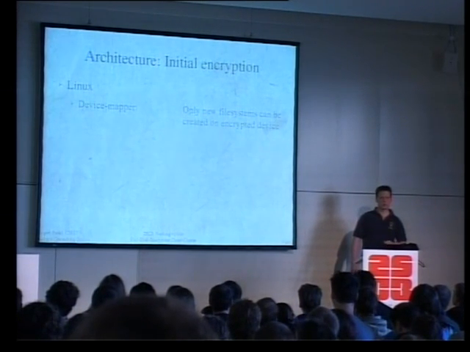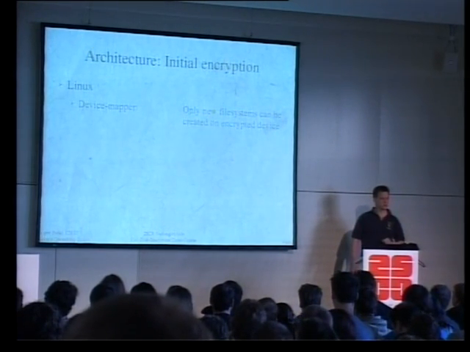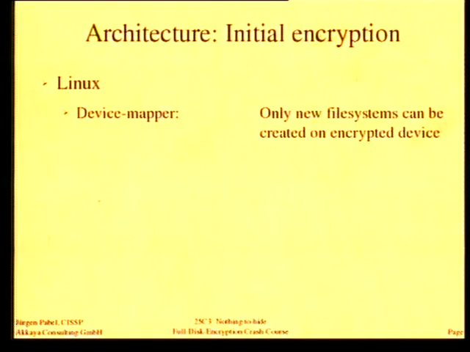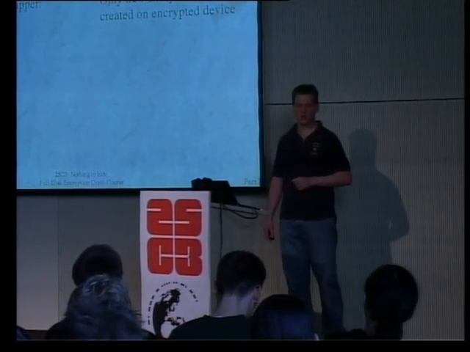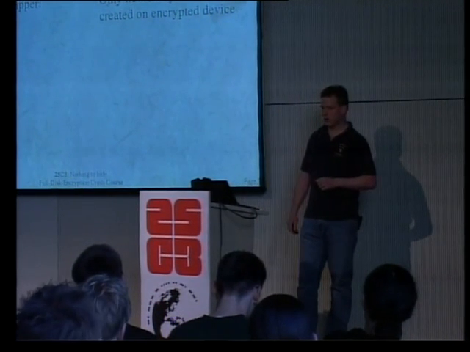So you have to pretty much set up a new file system. Of course, you can just write a new file system over the device mapper onto a new disk and copy your files over. There are several workarounds, but you cannot just transparently install something or tweak some configuration and then your system will be encrypted after a while.